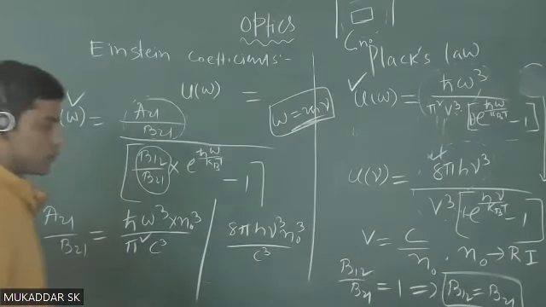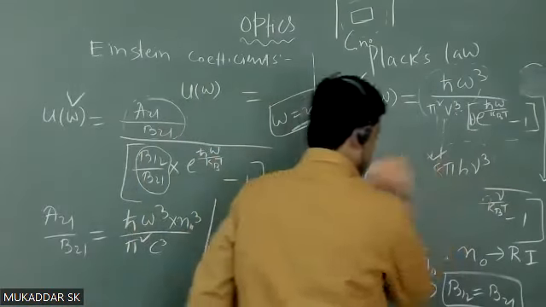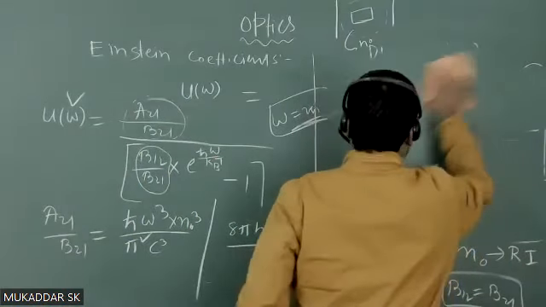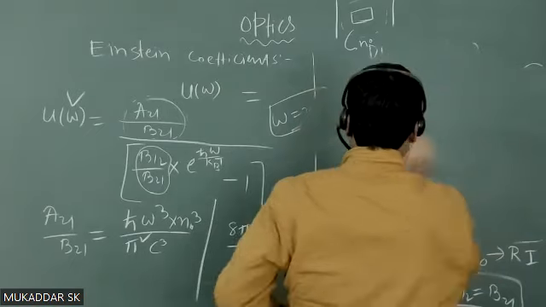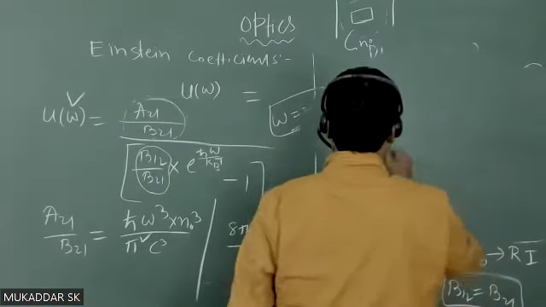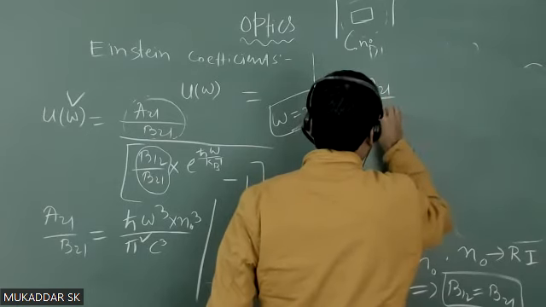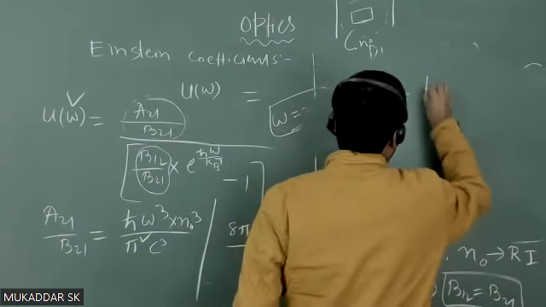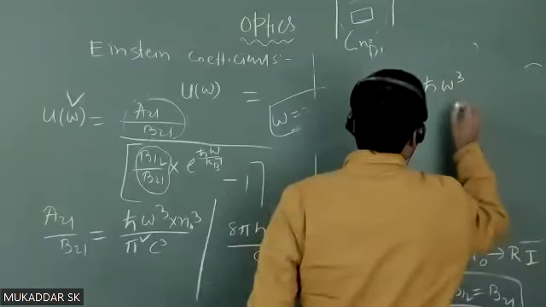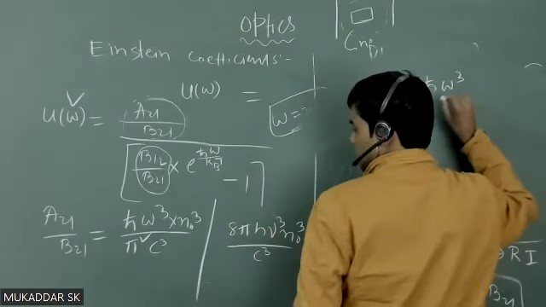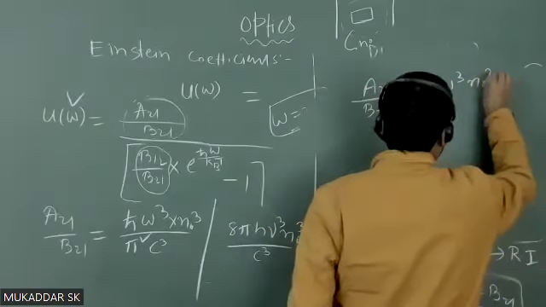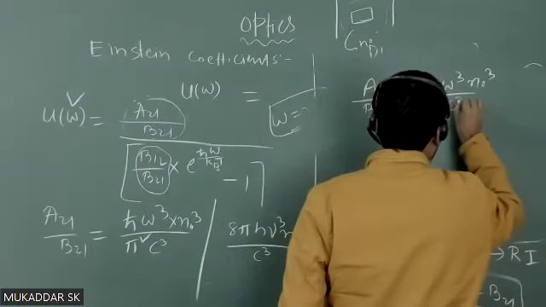Now, we have just written that factor, right? A21 by B21, and that is nothing but h cross omega cube, then you have n naught cube, then you have c cube.